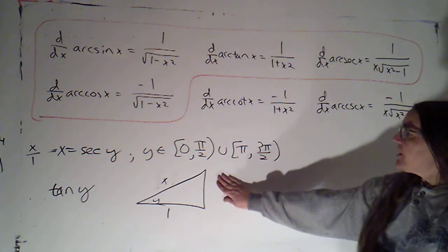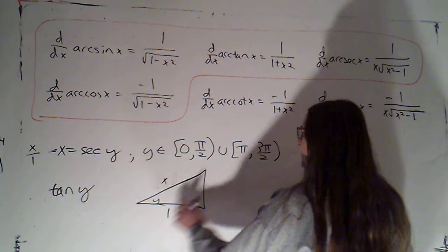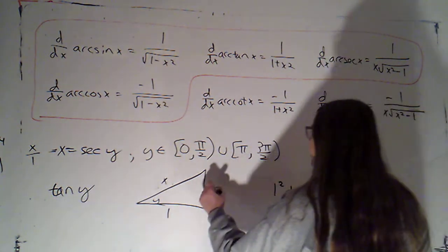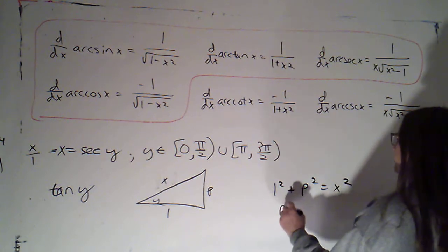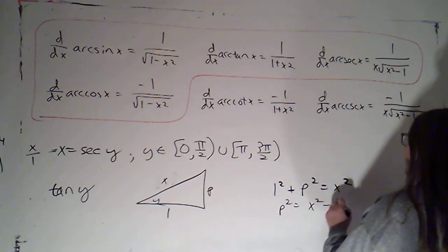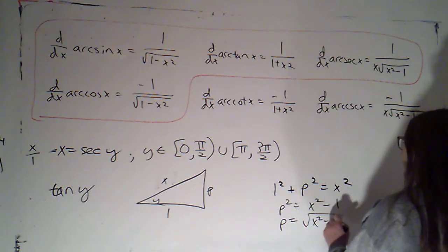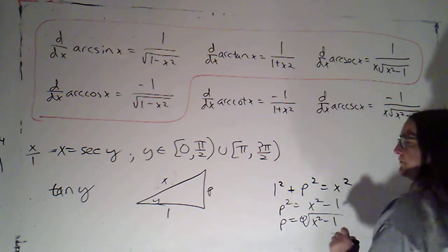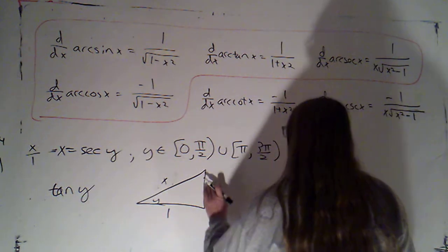Okay. Then I could use Pythagoras to solve for this side. I know that 1 squared plus, I'll just call this p for opposite, p squared should be x squared. So p squared would be x squared minus 1. And p would be the square root of x squared minus 1. And I'm choosing the positive root here because it's the side length in a right triangle. Okay.